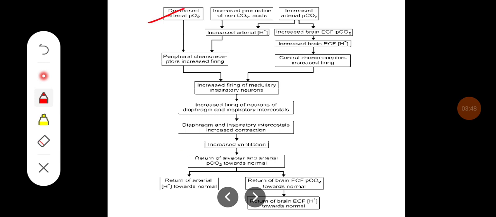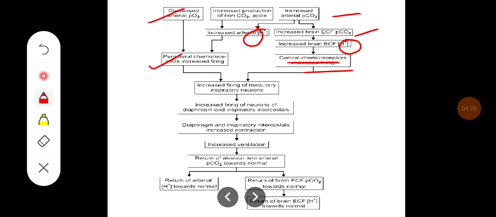There is a decrease in the partial pressure of oxygen, which is going to stimulate the peripheral chemoreceptors, and increase in the production of carbon dioxide, which increases the arterial H plus ion, will also stimulate the peripheral chemoreceptors, whereas increased arterial PCO2 increases the ECF PCO2 and it leads to conversion of PCO2 into H plus ions there, which is going to stimulate the central chemoreceptors.